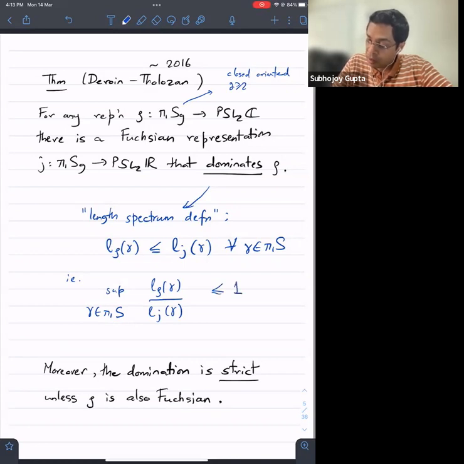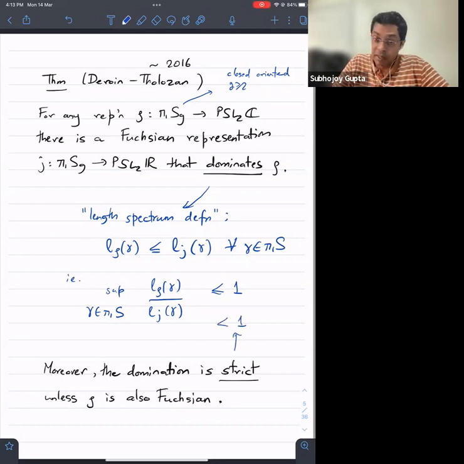This is the definition of domination we are looking at. The second statement of their theorem is that domination is strict unless rho is also Fuchsian. And strict means strict inequality in the second formulation that I wrote down.